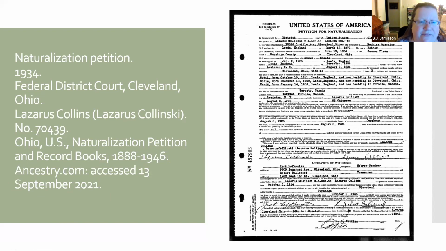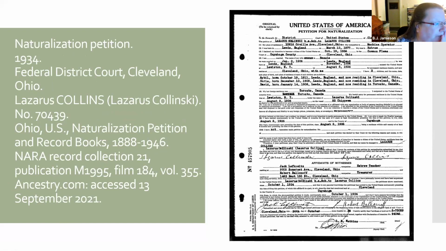Does that make sense to everybody? This would get you enough to get back to find this record again. I could also, if I were being really complete, work out what National Archives record collection and publication and film number this was, but you don't need that to get back to it.